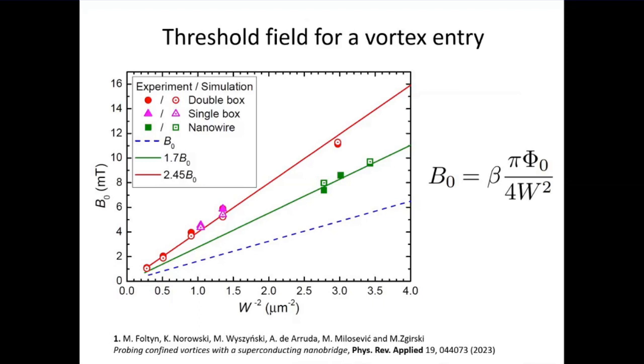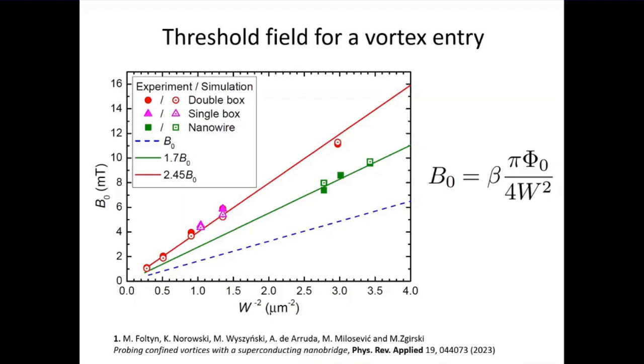And for boxes, since they are more strongly confined, it is 2.45. So this is a phenomenological factor, which is necessary to explain the experimental data, because the formula should be valid for wires, but there is this additional 1.7.